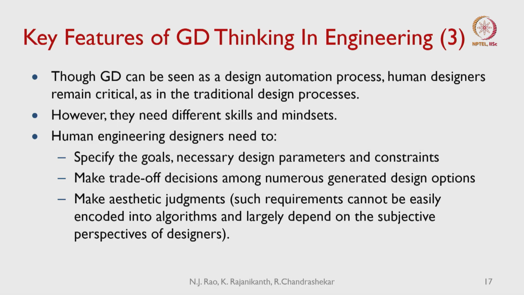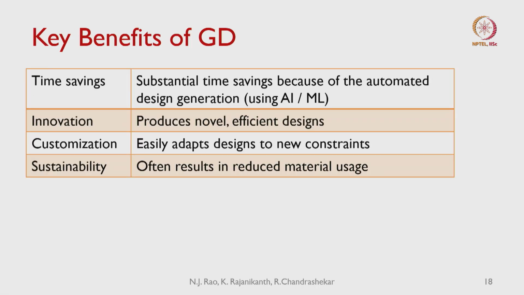They make trade-off decisions among numerous generated design options and make aesthetic judgments. Such requirements cannot be easily encoded into algorithms and they largely depend on subjective perspectives of the designers. So, still the human designers have a significant role in such areas.